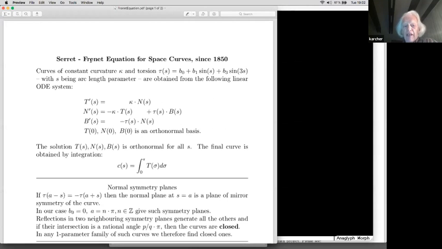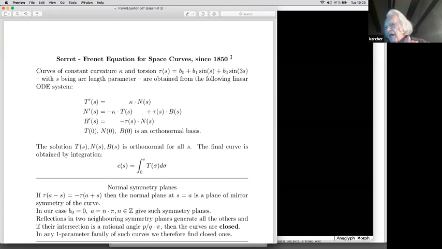It's called the Serret-Frenet equation. It's known since 1850. And you will also be surprised a little later why up to 2007, there were no smooth constant curvature space curves, because many of them are actually rather easy to get. And you'll see that.